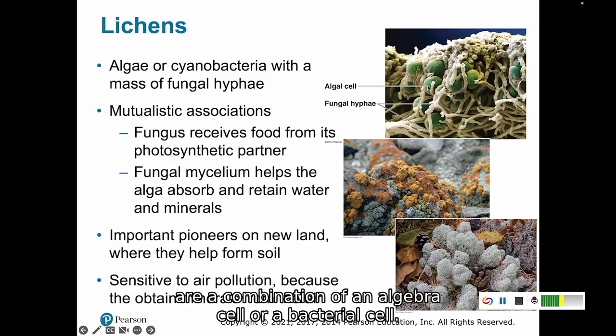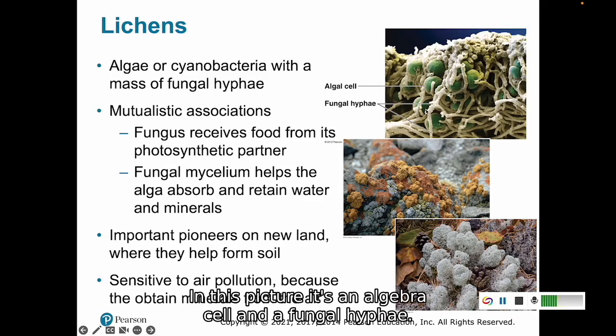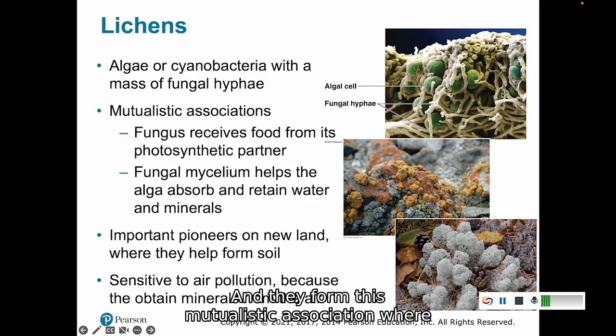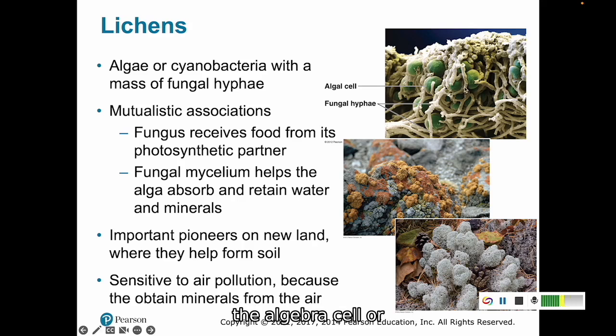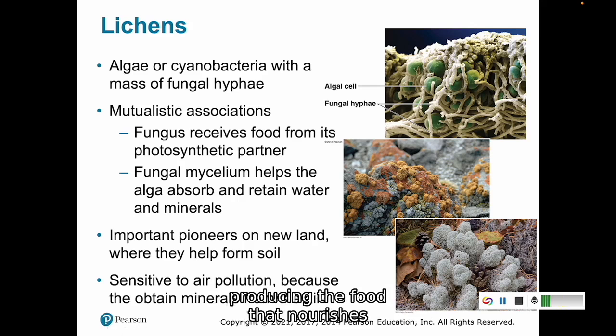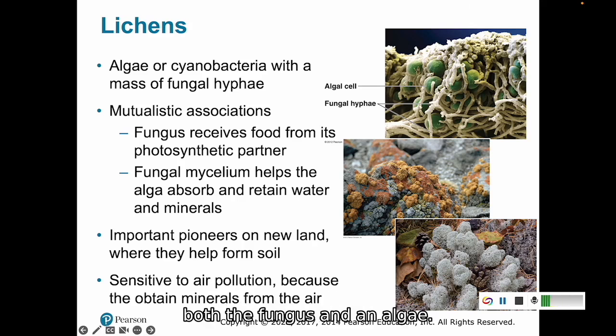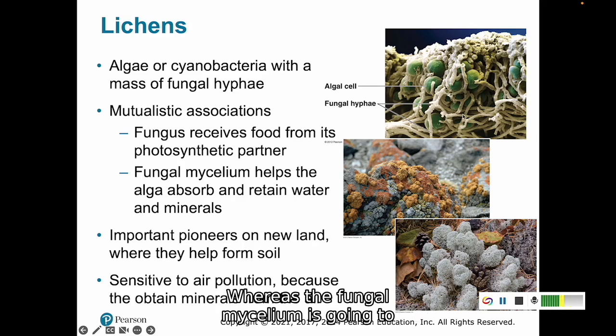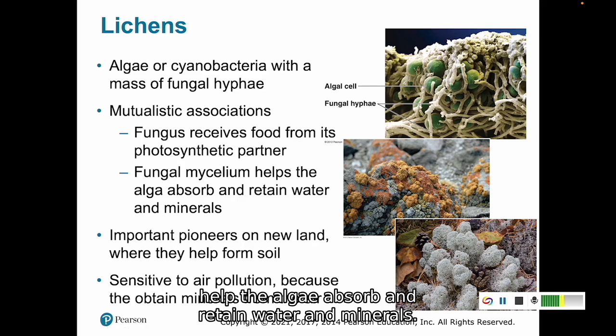So lichens, like we just said, are a combination of an algal cell or a bacterial cell. In this picture, it's an algal cell and a fungal hyphae. And they form this mutualistic association where the algal cell or the photosynthetic bacteria are producing the sugar, the food that nourishes both the fungus and the algae, whereas the fungal mycelium is going to help the algae absorb and retain water and minerals.